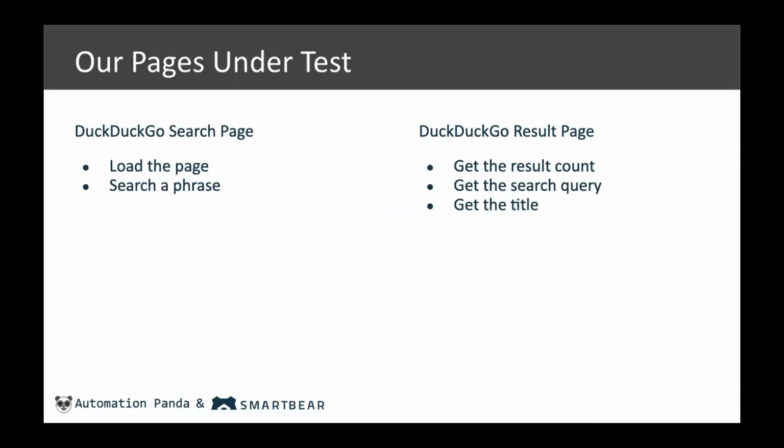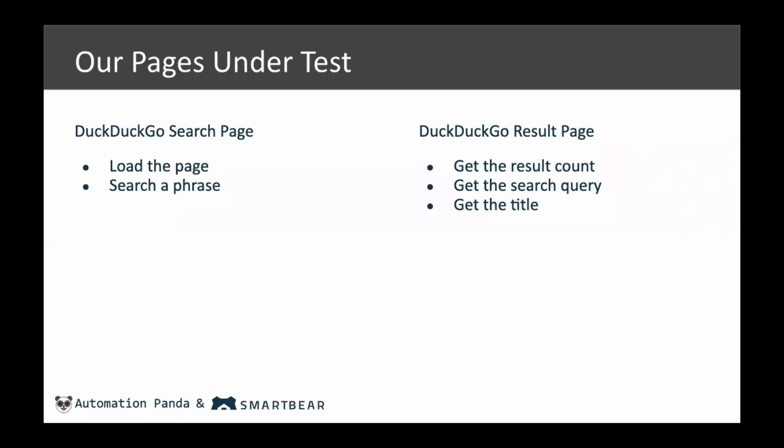For our test case, we really only have two pages to model. We have the DuckDuckGo search page and the DuckDuckGo results page. When I design page objects, I like to list not only what my page objects are, but all of the interactions that I'll need to do on that page.